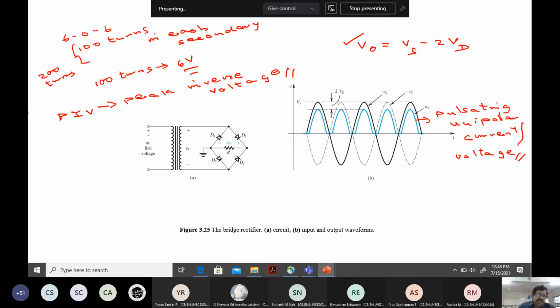If you look at peak inverse voltage, we have to consider the diode that will be under reverse bias in one half of the cycle.